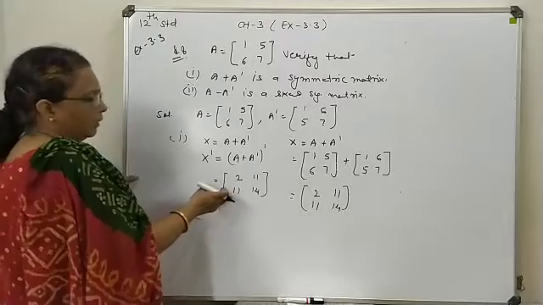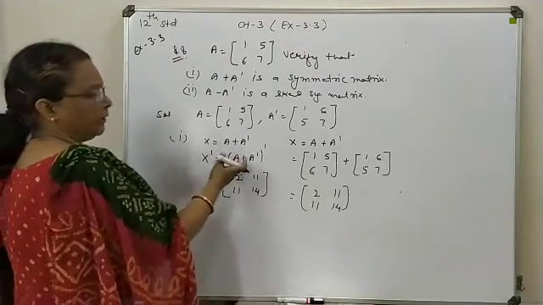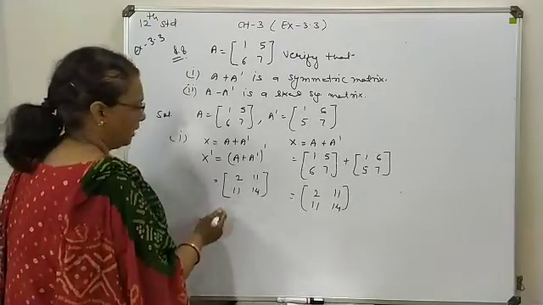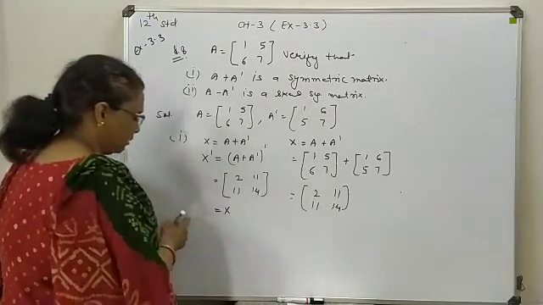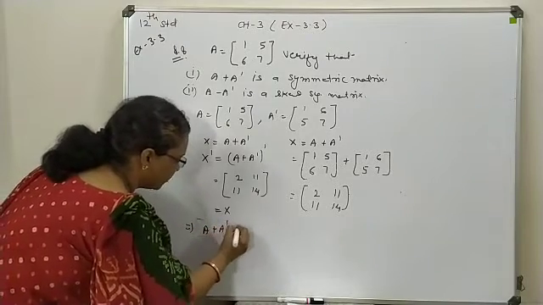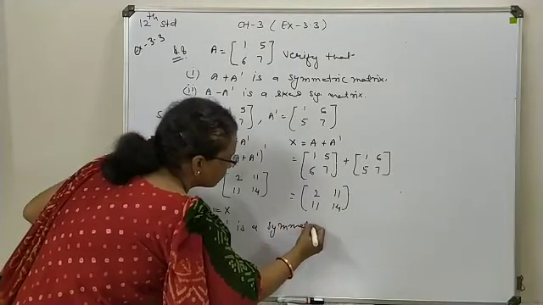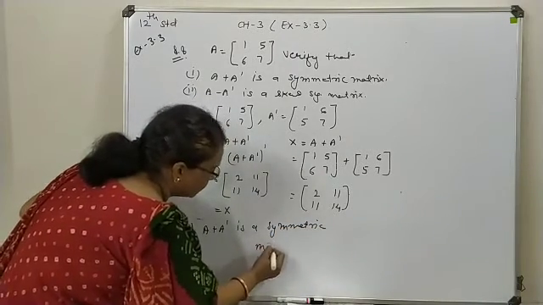You can see the element positions remain the same, even though we have written the transpose form. So this can be expressed as X. That means you can say that your A plus A dash is a symmetric matrix.